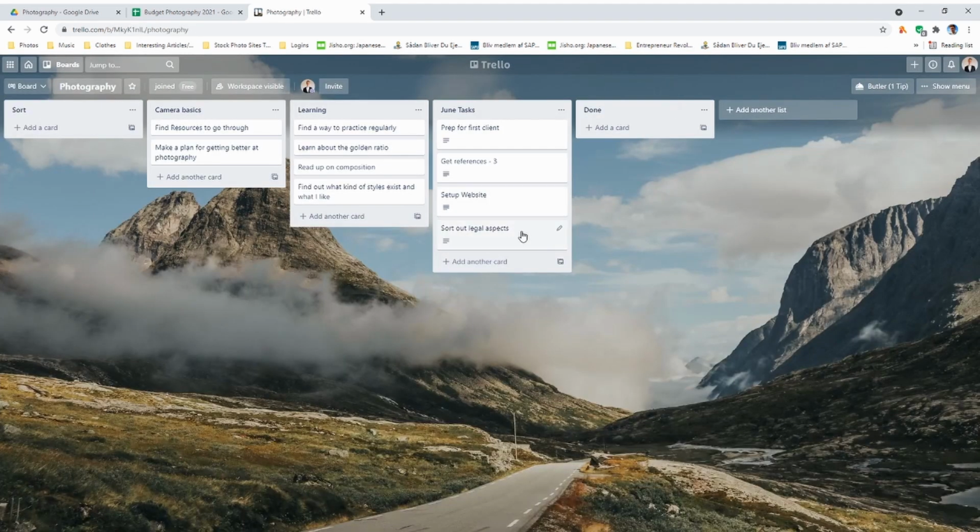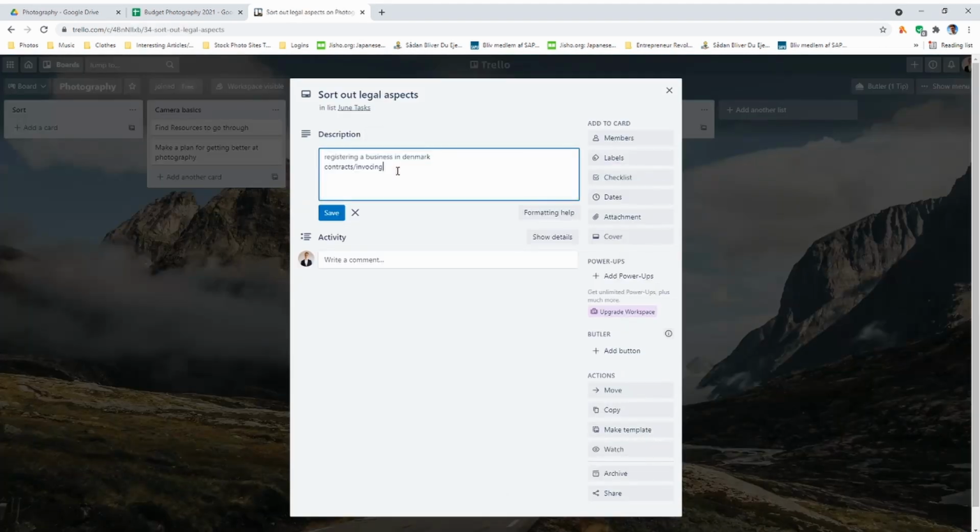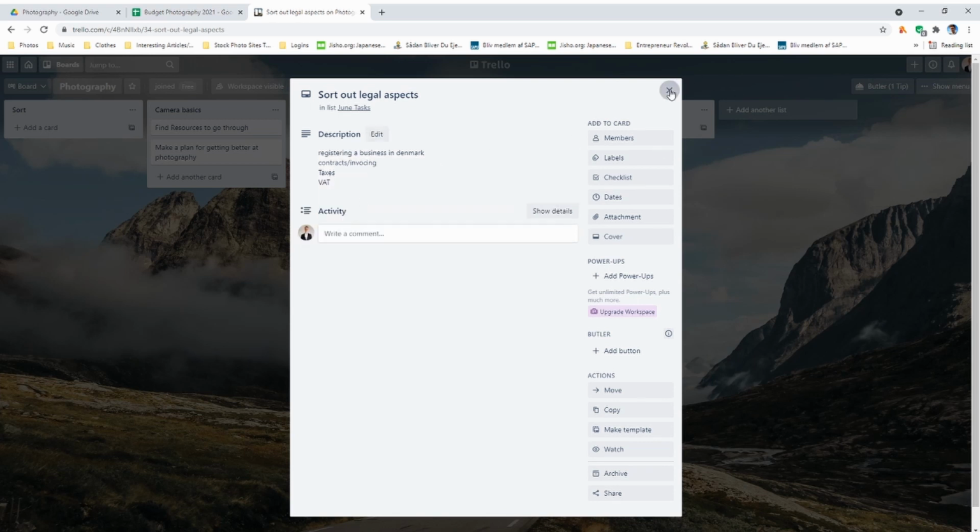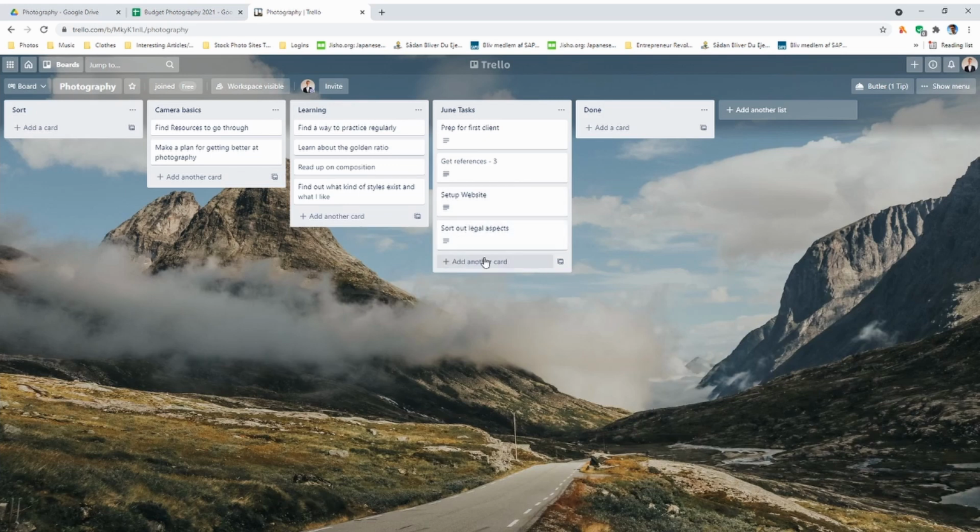We need to figure that out, like taxes, basically, taxes and VAT, that kind of stuff. That has to be sorted out, and we're going to try and get a hold of some people to help us with that.